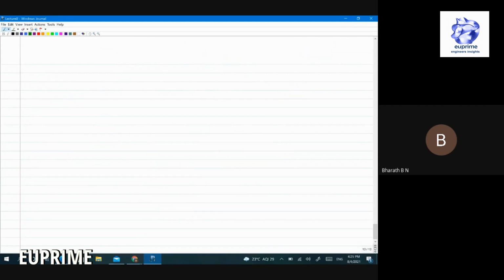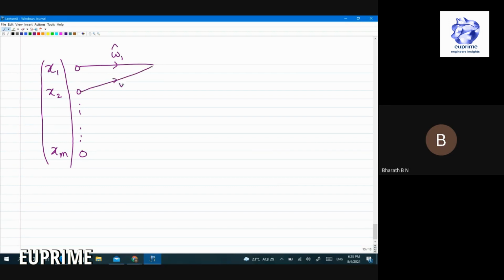So pictorially, here we have the input. Let's say the input is your feature, X1, X2, up to XM. Let's assume that you have M. This is your input feature. I'm going to feed it into this. So what do I do here? I multiply the input X1 by W1 hat, multiply X2 by W2 hat, and so on, multiply XM by WM hat.